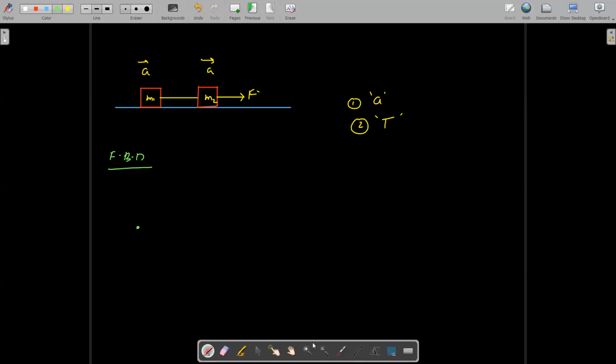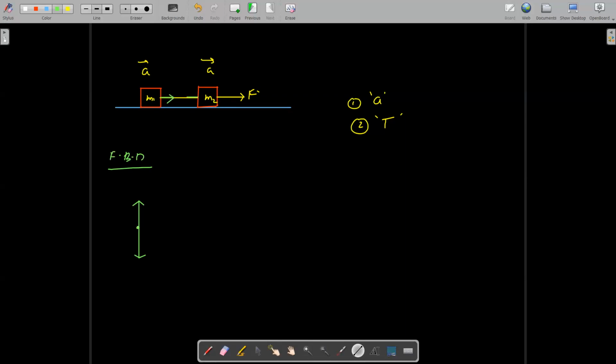For M1, we'll denote all the forces acting on it. There is M1G acting downwards, a normal reaction acting upwards, and there will be a tension acting in this direction, away from the point of contact along the string.